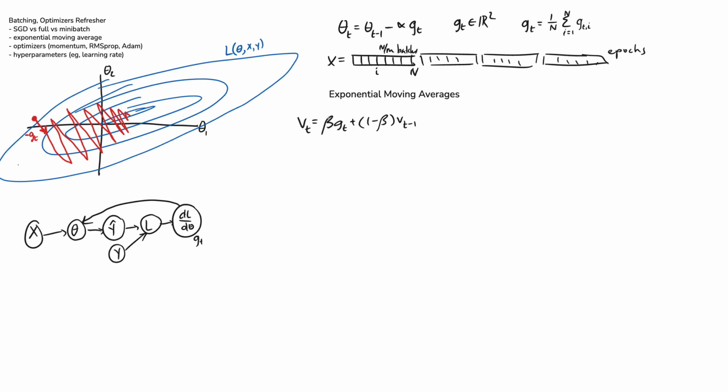And then you have beta, which is defined to be something less than 1, and 1 minus beta, distributing the weight across these two terms. Of course, these coefficients sum to 1, which is important.